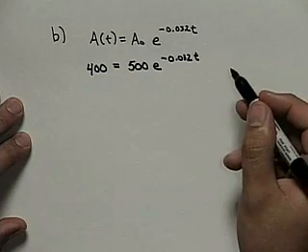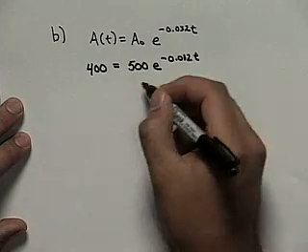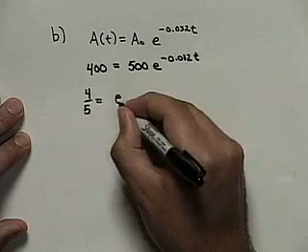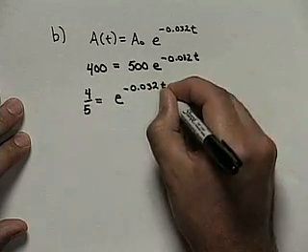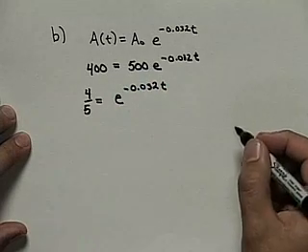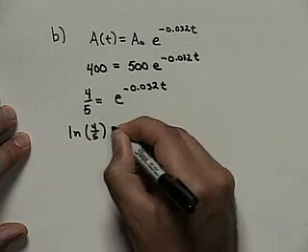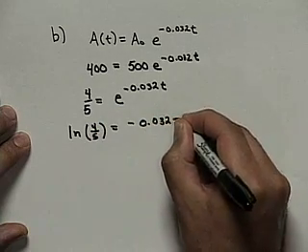To find out how long this would take, we need to solve this equation for t. Dividing both sides by 500, 400 divided by 500 gives us 4/5, and that equals e raised to the negative 0.032 times t. Taking the natural log of both sides, we end up with the natural log of 4/5 equals negative 0.032 times t.